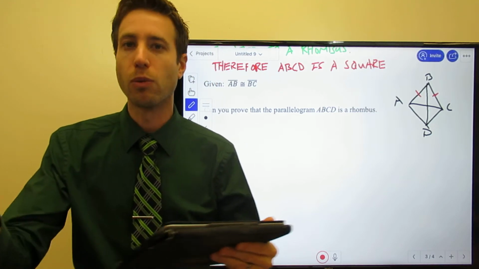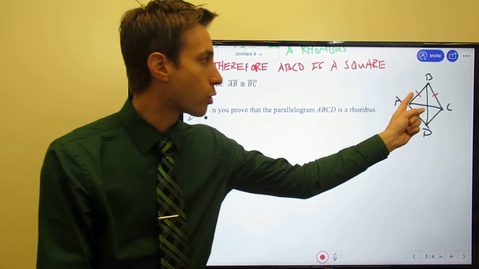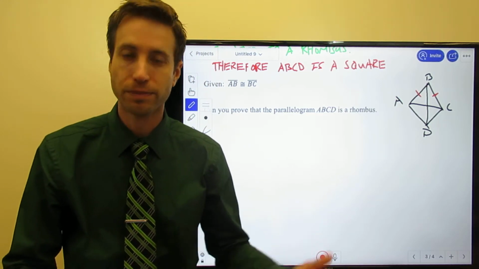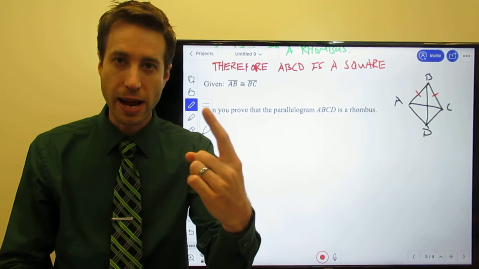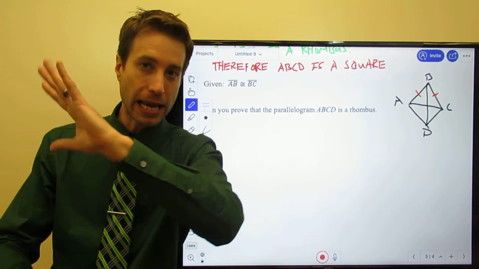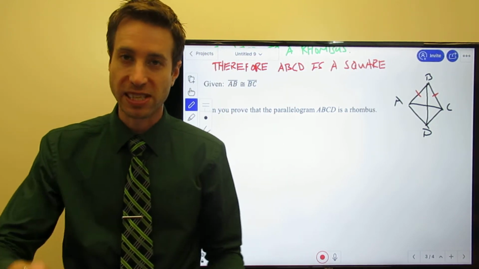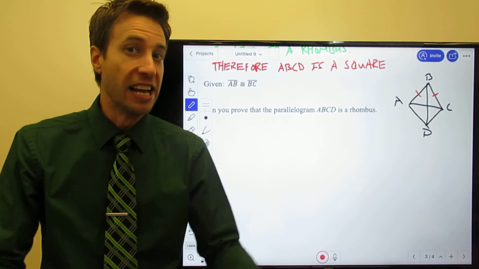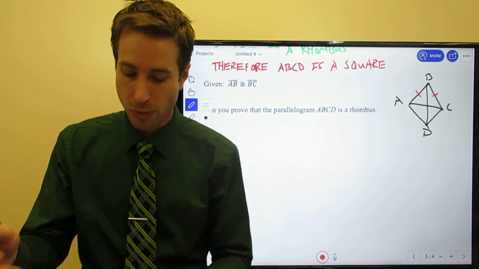Well, what did I tell you? I just told you that consecutive sides are congruent. That's the first condition, the top condition in the table on the previous page for rhombuses. If you can show that one pair of consecutive sides are congruent, then the figure must be a rhombus.